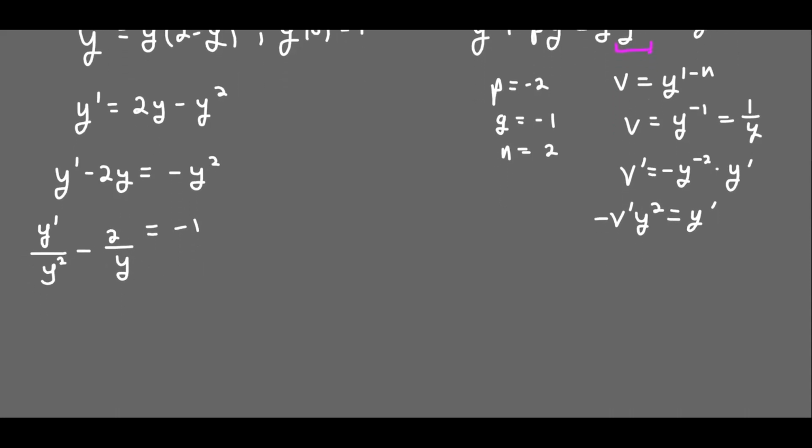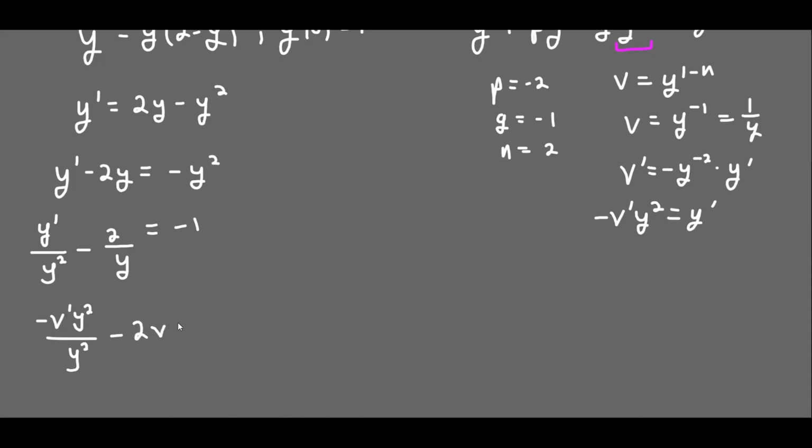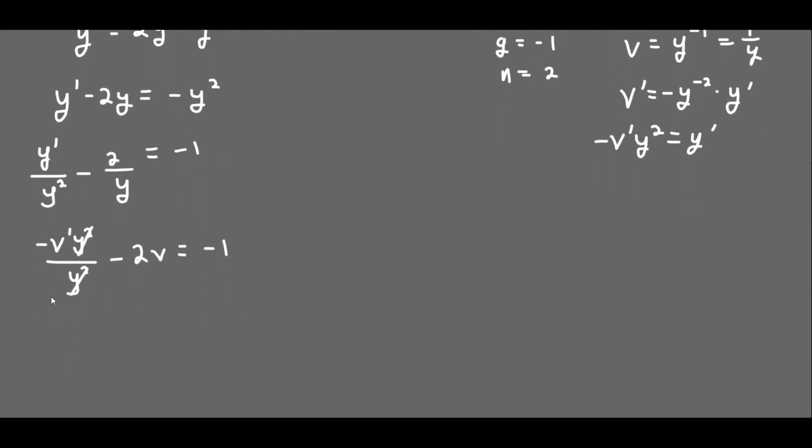And now I'm ready to make my substitution. I'm going to substitute y prime as negative v prime y squared. And then 1 over y is just v. So I've got 2 times 1 over y here, so it's just going to be 2v. And then these y squareds are going to cancel out. So now let's just multiply both sides by -1, and we get v prime plus 2v equals 1.